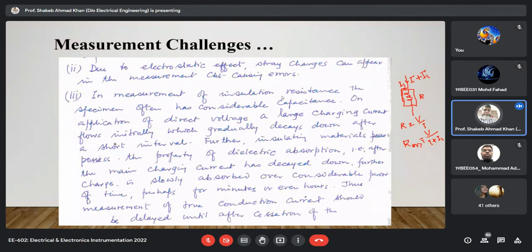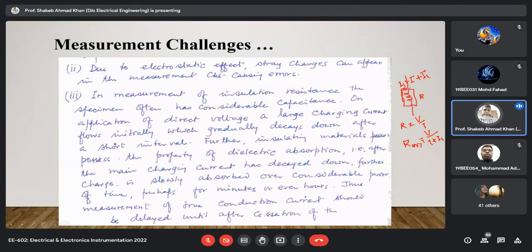Because we are talking about very high insulation resistance, very high resistance values. If this is an insulation whose resistance we are trying to find out, then we have to put an electrical contact at one side and an electrical contact at the other side, and these contacts are made of conducting material. So this particular structure will have capacitance. We have a very high resistance insulation in between the two contact conductors.